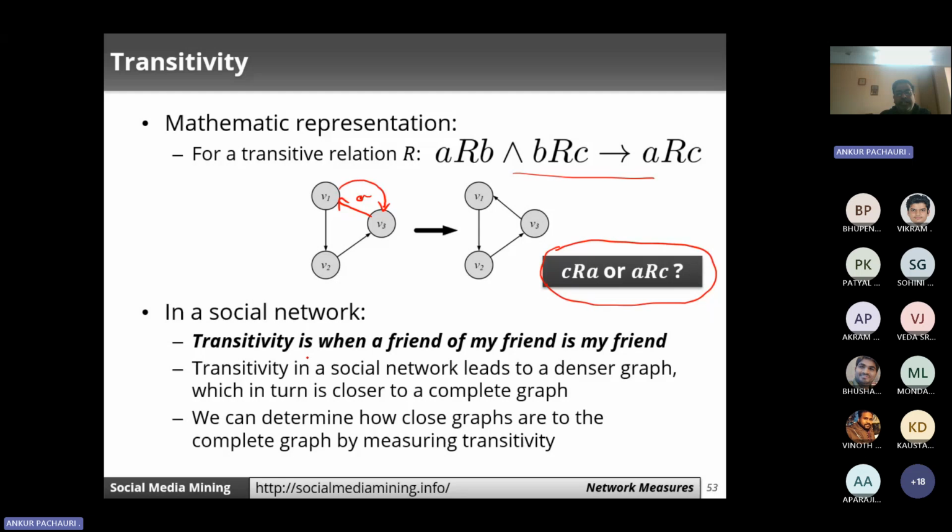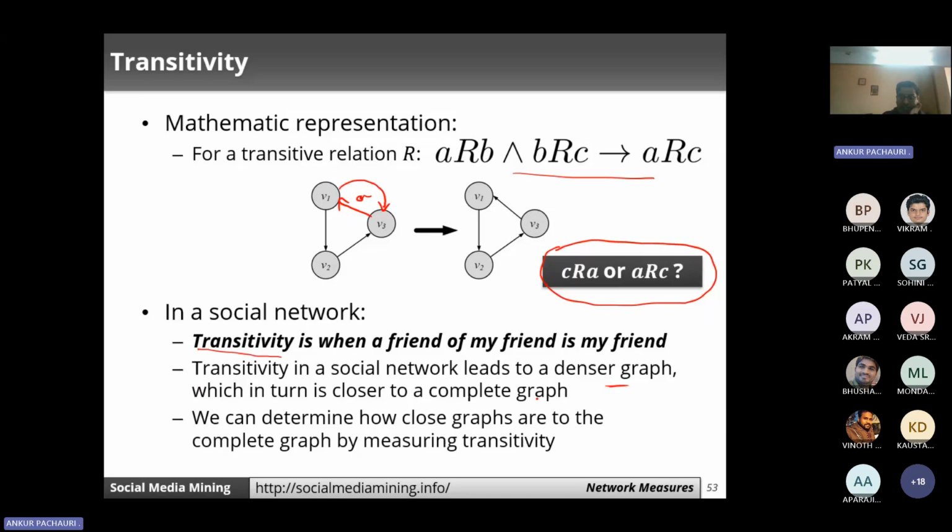So in a social network, transitivity is when a friend of a friend is my friend. Transitivity in a social network leads to a denser graph. So if the transitivity relation holds or it has been used as a recommendation system, then it results in denser connectivity of the network, the friends network among themselves.